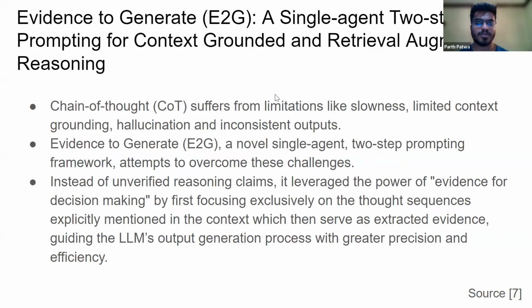I have a couple more papers on agentic RAG. One is Evidence to Generate, where we have a single agent for context-grounded RAG. Here we have a two-step prompting framework which solves the slowness of chain of thought reasoning.